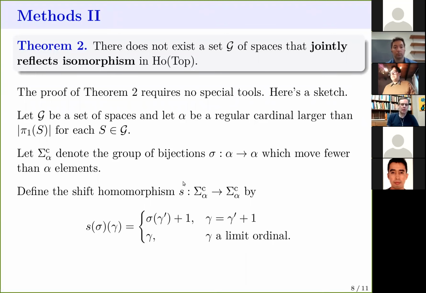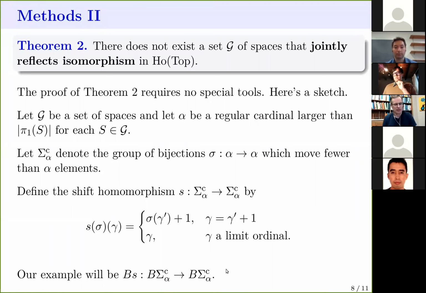So this is a group homomorphism between these two large groups. That means I can look at the induced map on classifying spaces. So B sigma alpha C is the space which has pi1 equal to that group, and it's connected and has all higher homotopy groups trivial. So there's an induced map on spaces. And that's the map that I claim will give the example here.